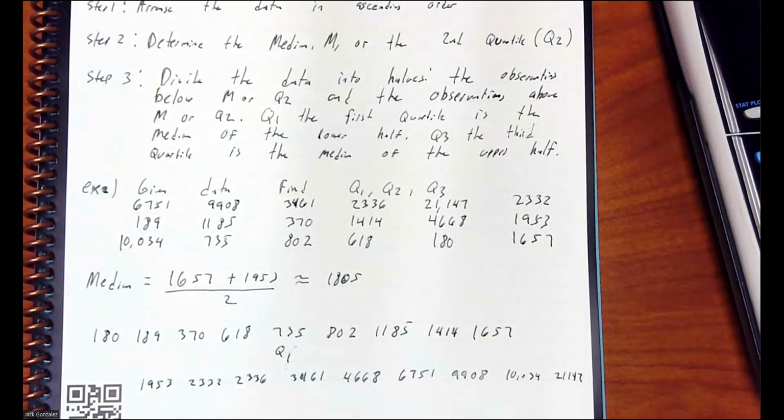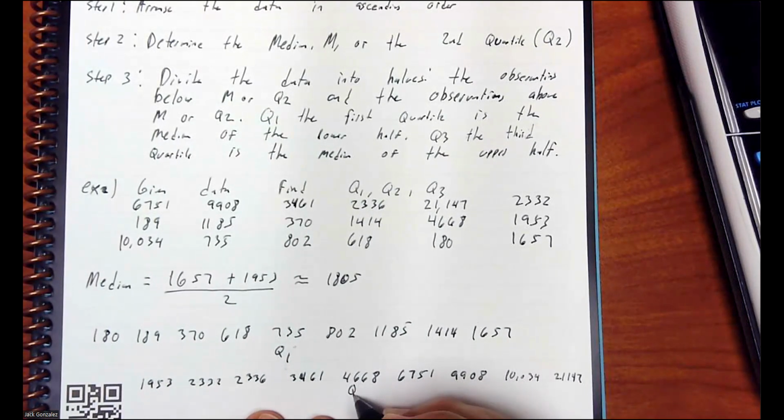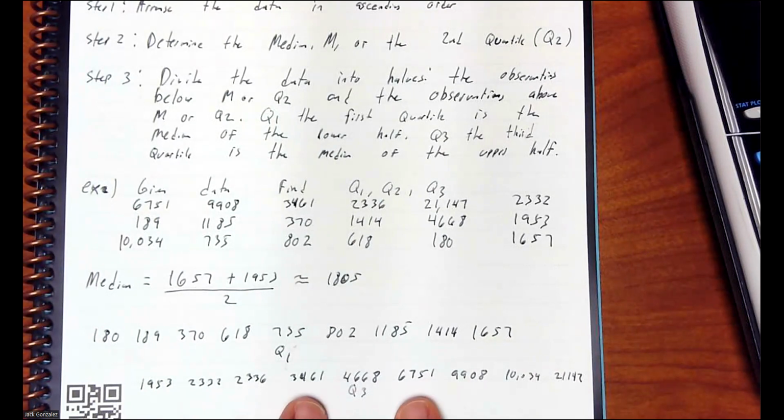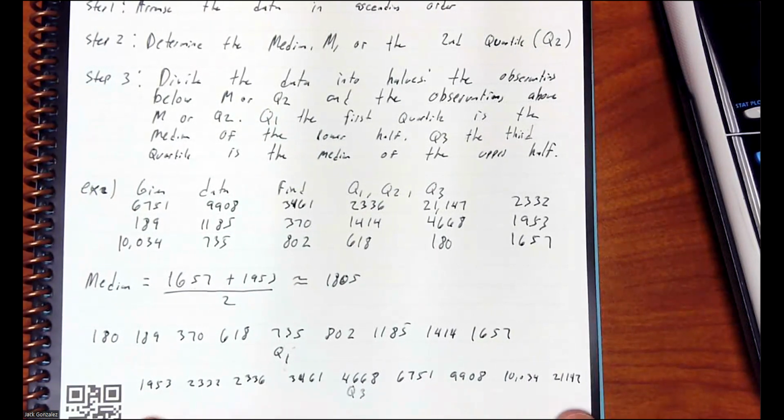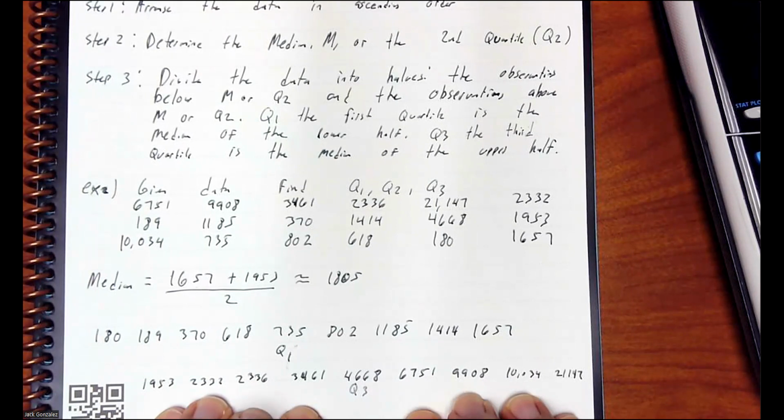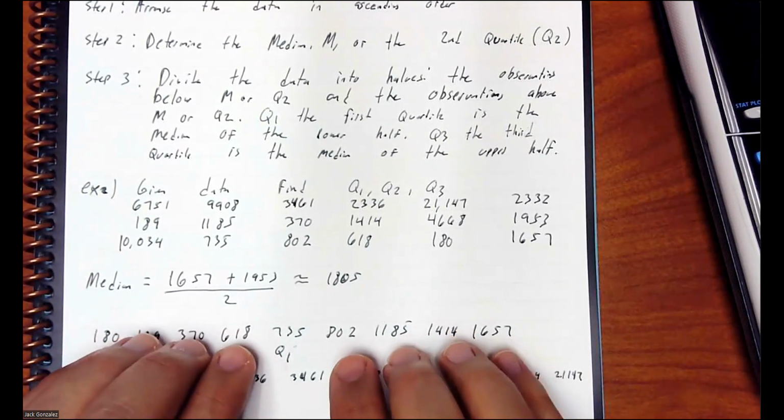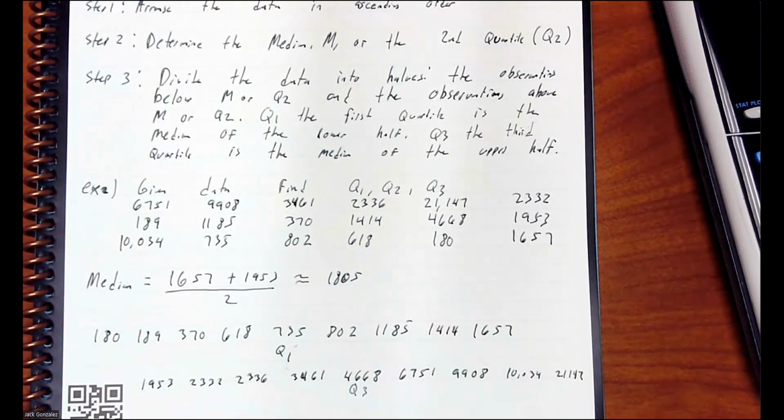Okay, so the median of the top half is this guy. So this is Q3. There's 1, 2, 3, 4 data points on either side. So that is the exact center. Same thing over here.